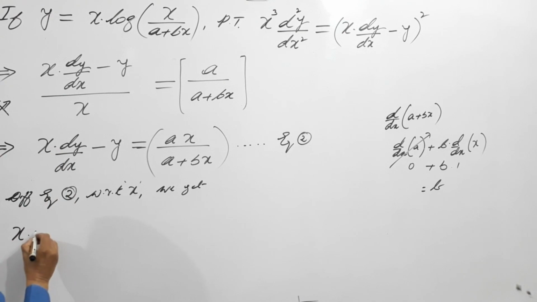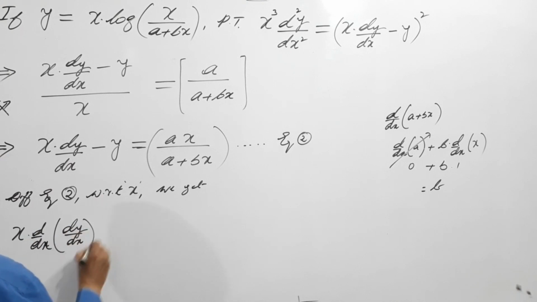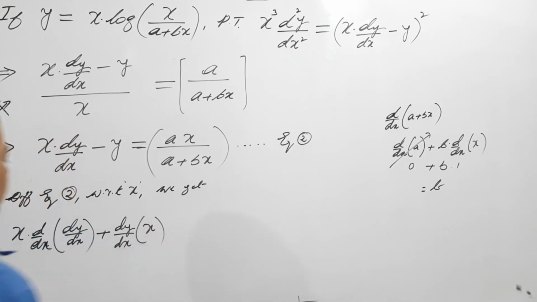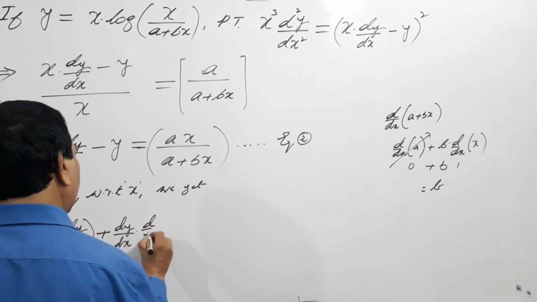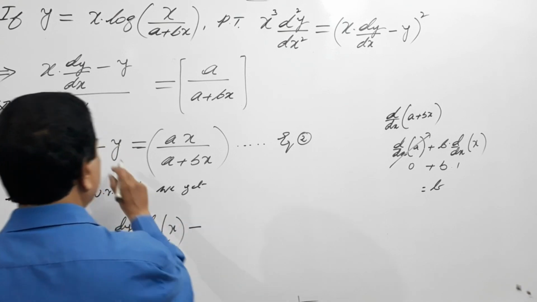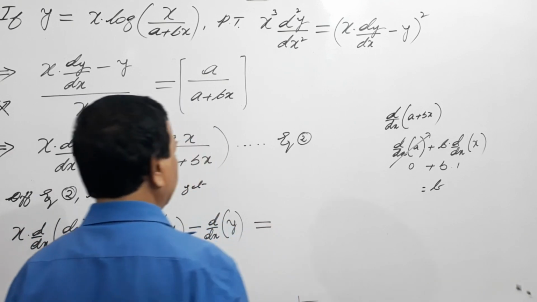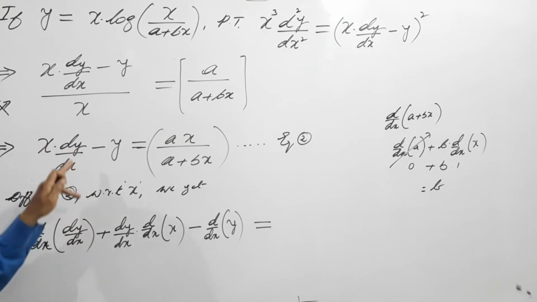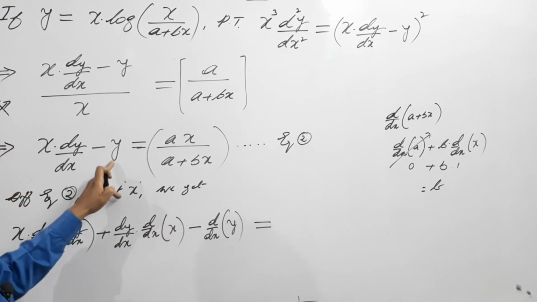This becomes x into d by dx of dy by dx, plus I keep dy by dx as it is into d by dx of x, minus d by dx of y, on the left hand side.